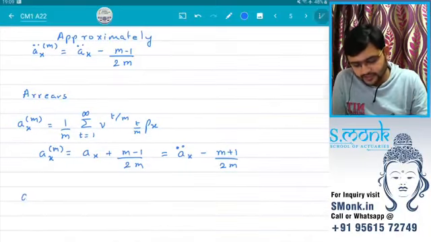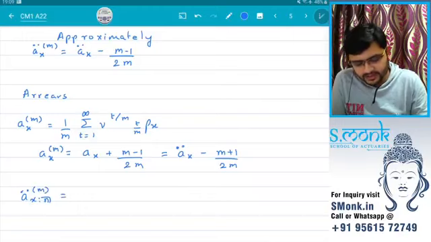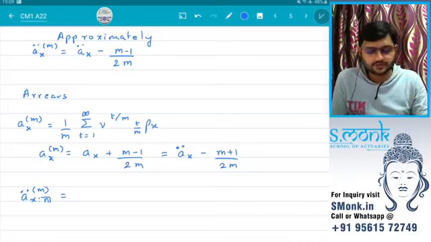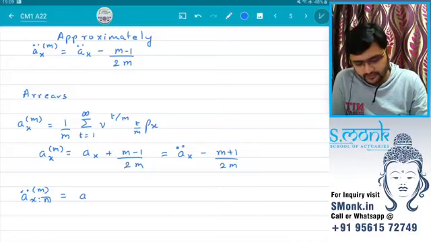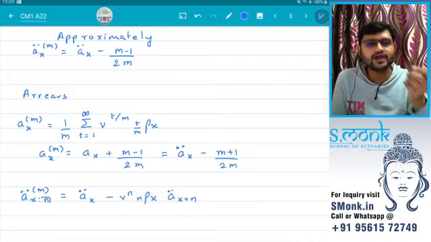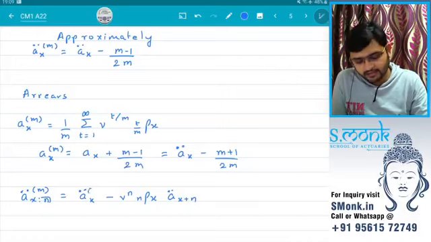Now similarly, if I want temporary, if I say ä_x:n payable m times a year, always write it. Again, our basic formula of temporary annuity: I would get ä_x minus v^n n p_x ä_(x+n). All I have to do is make both the annuities payable m times.